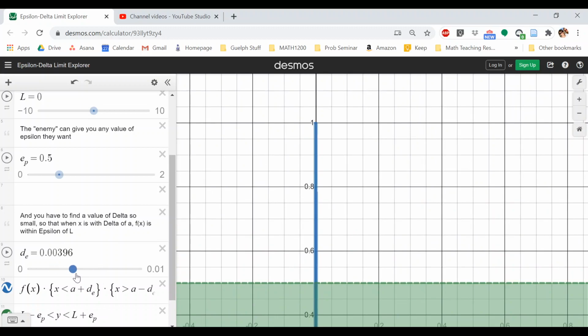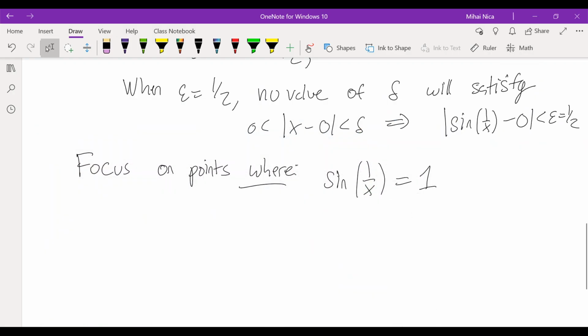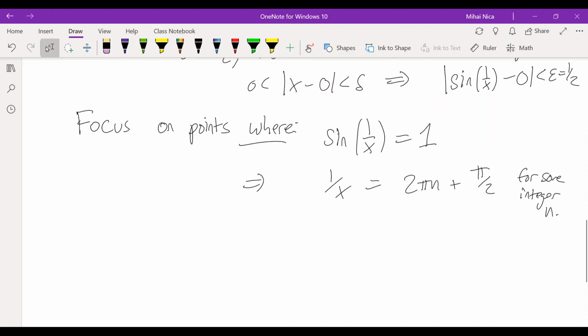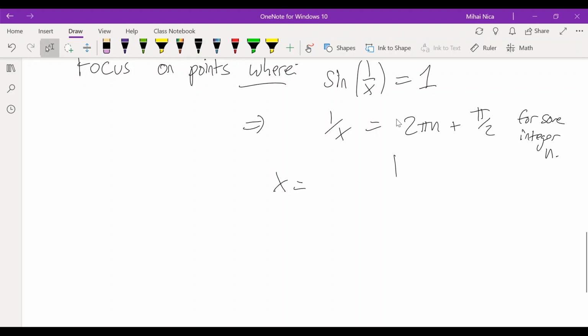And no matter how small I make delta, there's still infinitely many of them. Okay, so what are these values? Sine of 1 over x equals 1. That means 1 over x is equal to 2 pi n plus pi over 2 for some integer n. That was something from chapter 1, which means that x equals 1 over 2 pi n plus pi over 2 for some integer n.